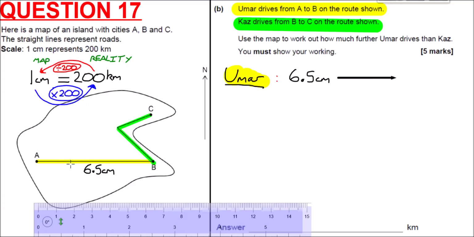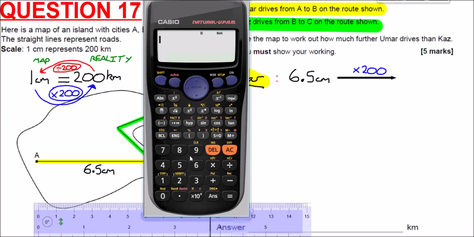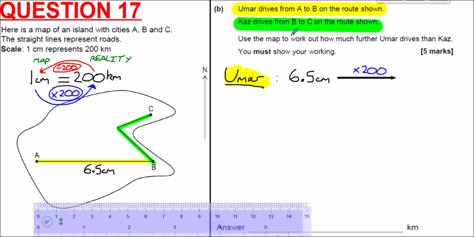So to change from centimetres to the kilometres that represents in real life, we multiply by 200. 6.5 multiplied by 200 gives us 1300. And so Umar travels a total of 1300 kilometres.